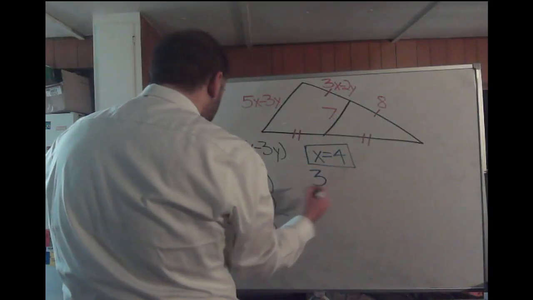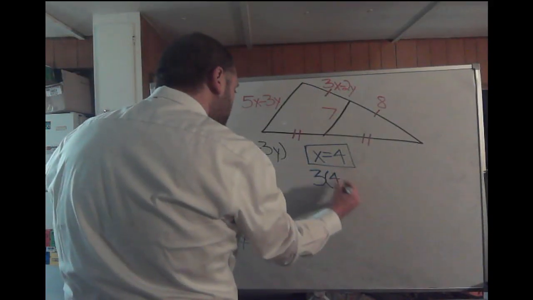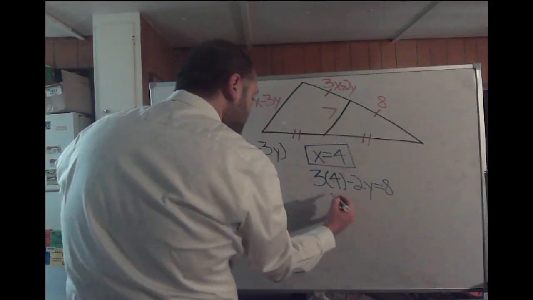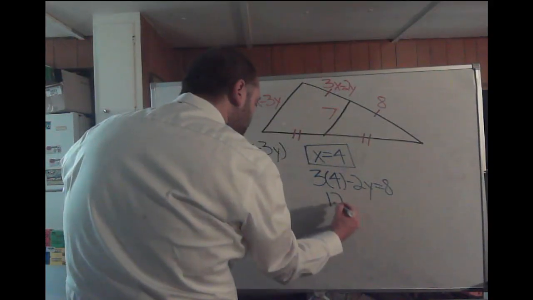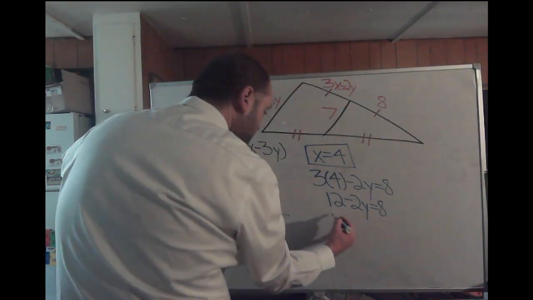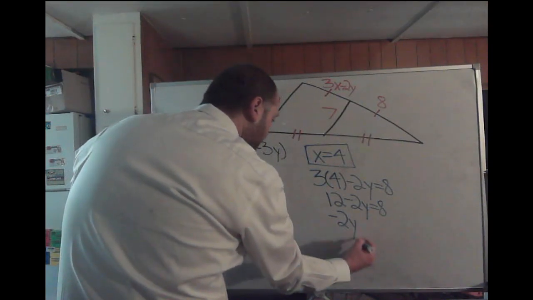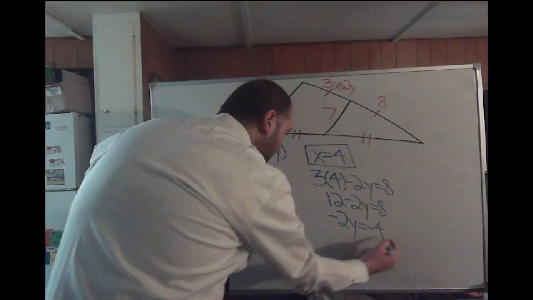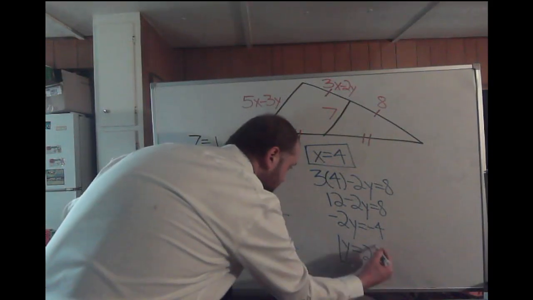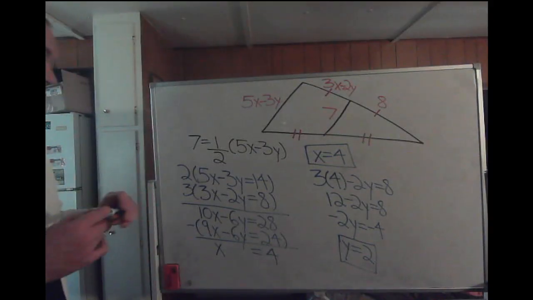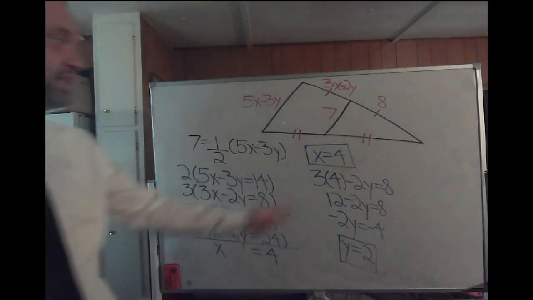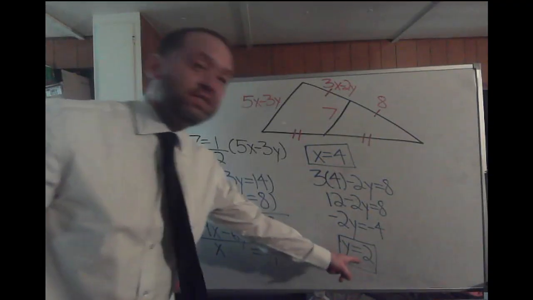So 3 times 4 minus 2y equals 8, which would give me 12 minus 2y equals 8, which would then mean that negative 2y equals negative 4, which then means that y equals 2. So in the end here, by using the theorems that we've learned and doing the system of equations, you get that x is 4 and y is 2.